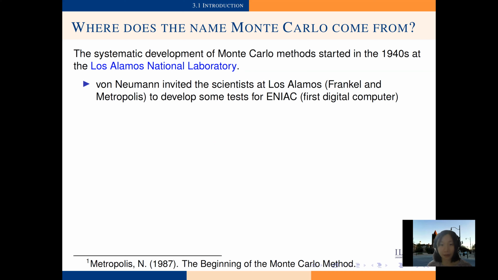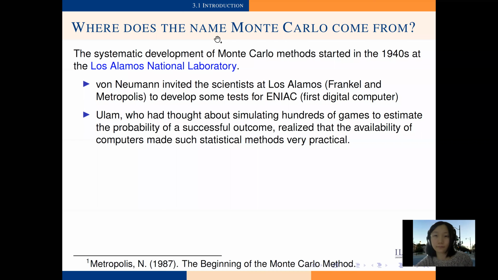So von Neumann, who is the father of modern computers and also a consultant to Los Alamos at that time, asked the scientists at Los Alamos, particularly Frankel and Metropolis, whether they would be interested in developing some tests for the ENIAC to test its computational capacity. So Frankel and Metropolis started to develop those tests.